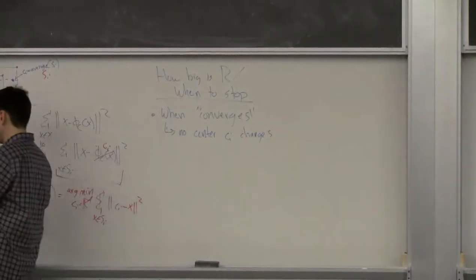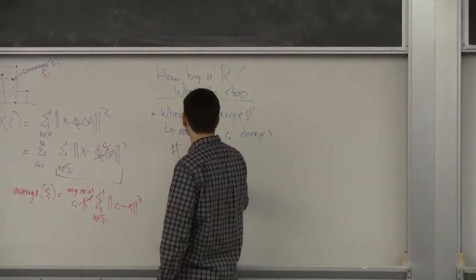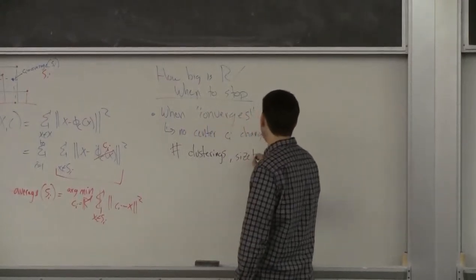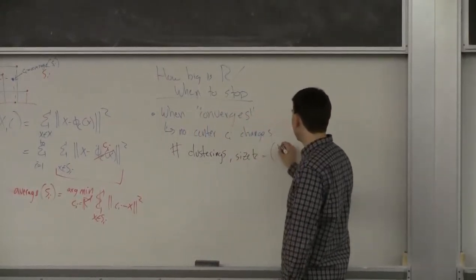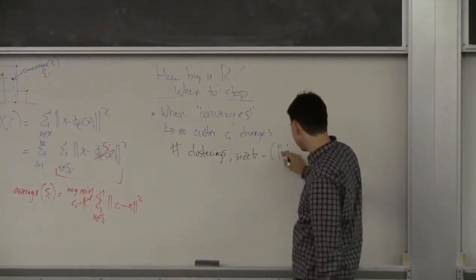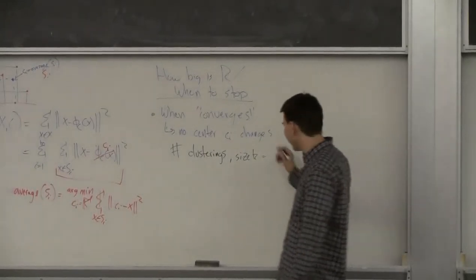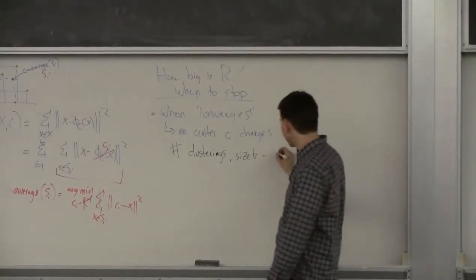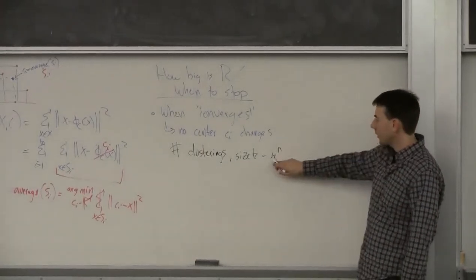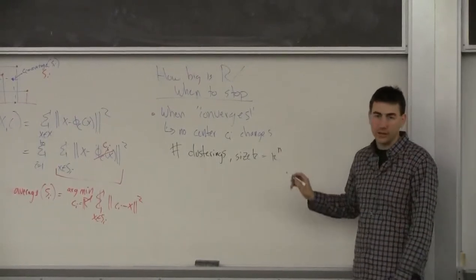So the number of clusterings of size k is going to be some combinatorial number. I forget, what is it? Yeah, it's at most k to the n. There are n points, and individually each can be assigned to k different things.